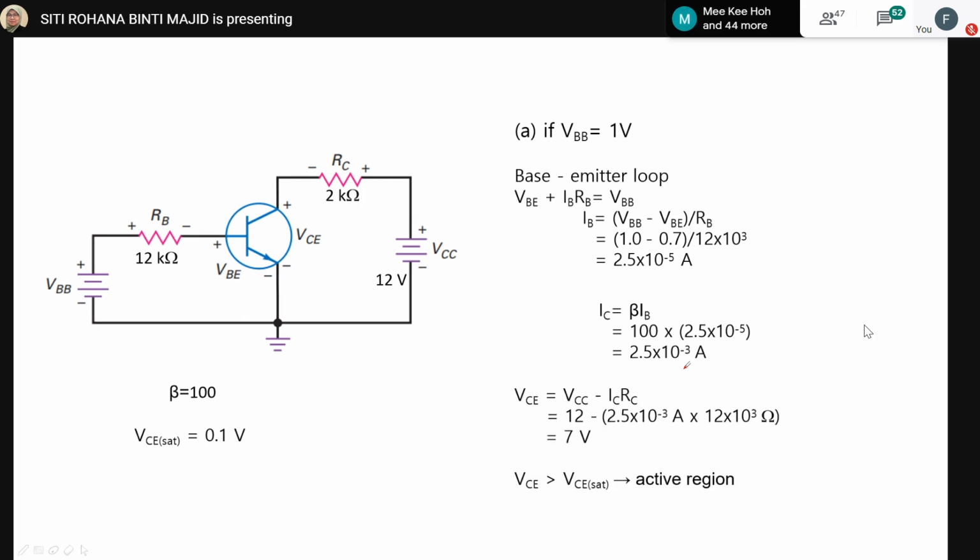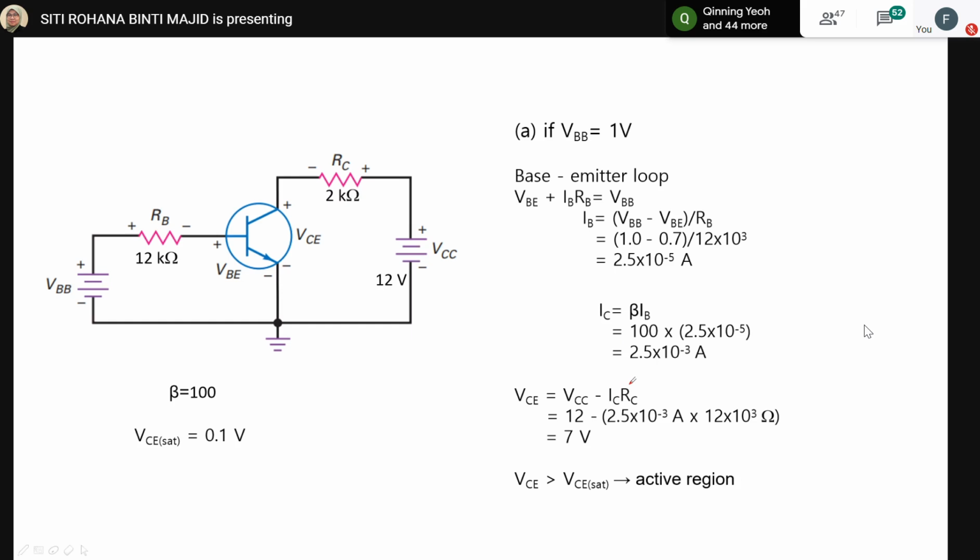Next, because we want to identify each condition, we need to know VCE. VCE we can calculate from the output loop, which is the collector-emitter loop. We have VCC minus ICRC. VCC is given as 12, and IC from the previous part is 2.5 times 10 to the power of negative 3 ampere.